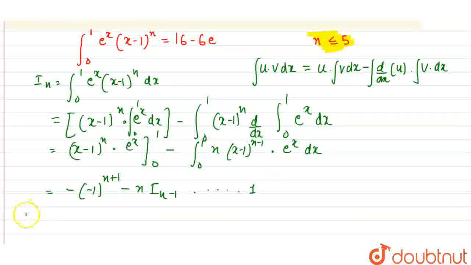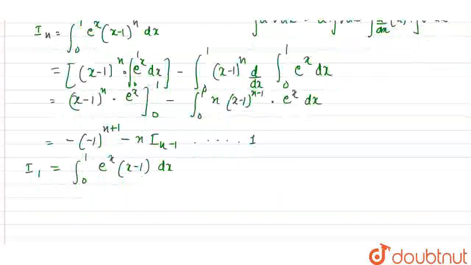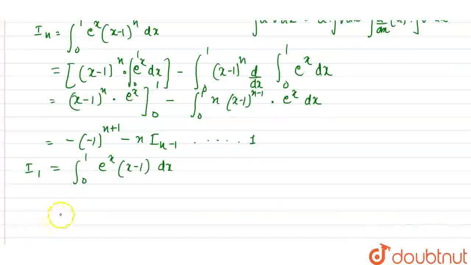Also we can see that I1 is equal to the integration from 0 to 1 of e to the power x into (x minus 1) dx, where we have to substitute n equal to 1. So now it is equal to e to the power x.